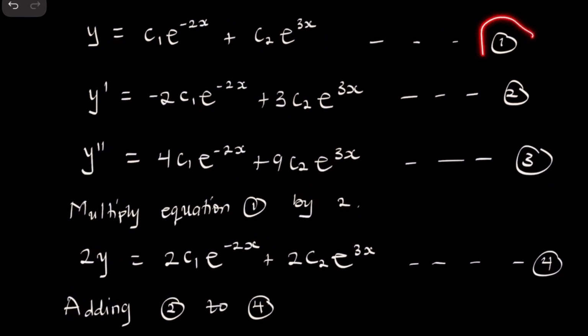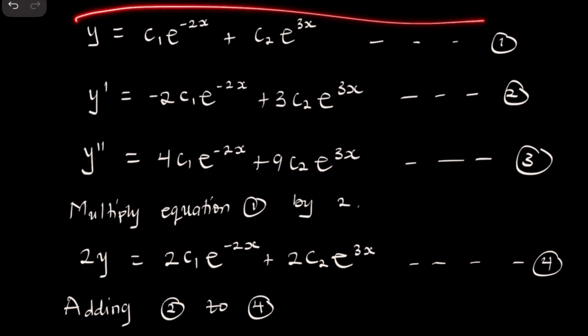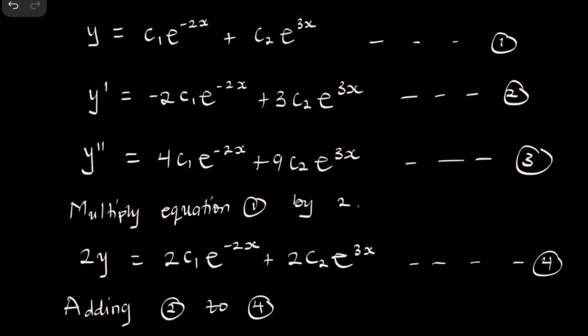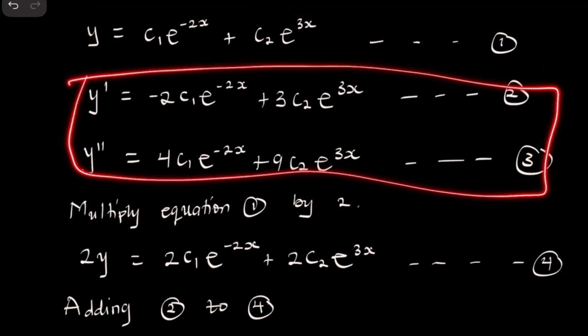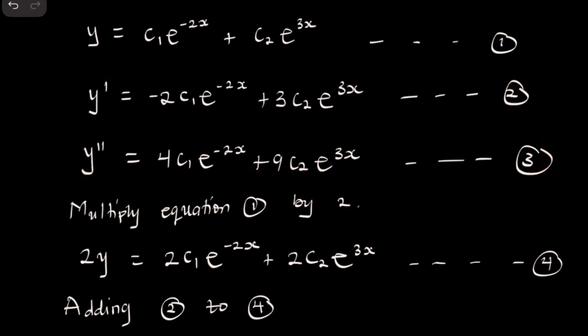We now focus on our system of equations, equation 1 to equation 3. At first we were dealing with equation 1 and equation 2. Here let's pick equation 2 and equation 3 to eliminate c1. When we multiply equation 2 by 2, you will see that this term will be minus 4. So when we add minus 4c1 e^(-2x) to 4c1 e^(-2x), this part will go to 0.